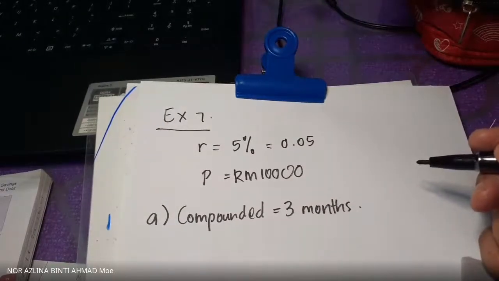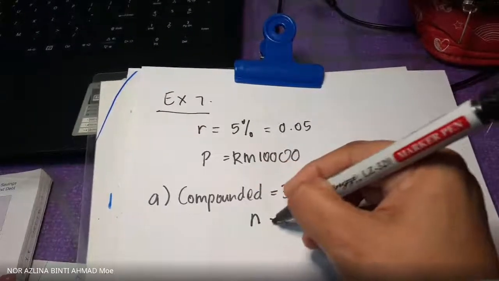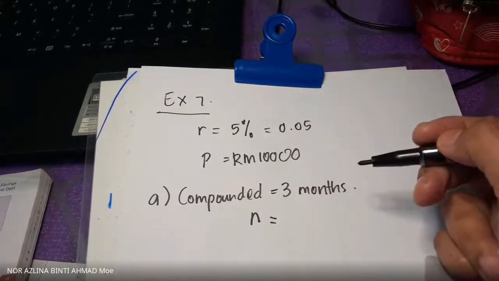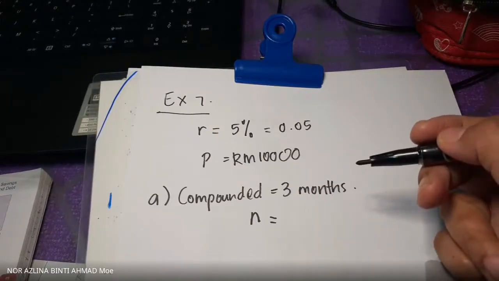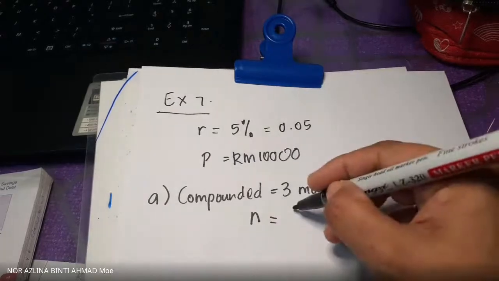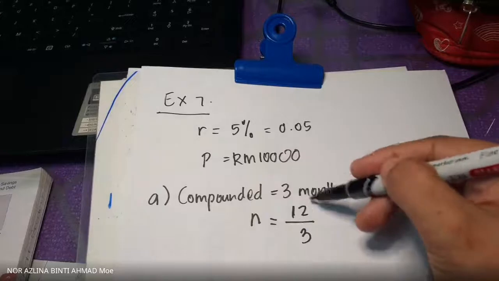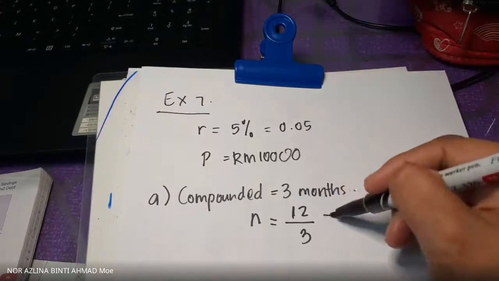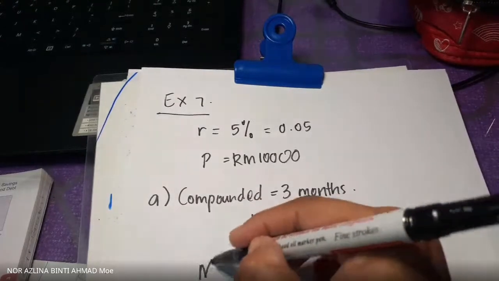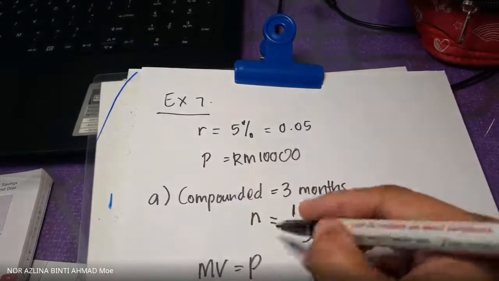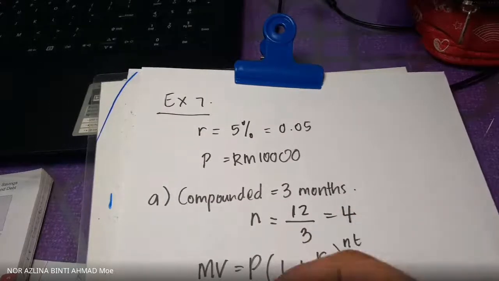Every 3 months. So if every 3 months, what is the value of N? Number of periods. Every 3 months it is compounded by the bank. So 4. How do you get 4? 12 divided by 3, because in 1 year is 12 months. Here 3 months. So N equals 4. So use the formula MV equals P(1 plus R over N) to the power of NT.